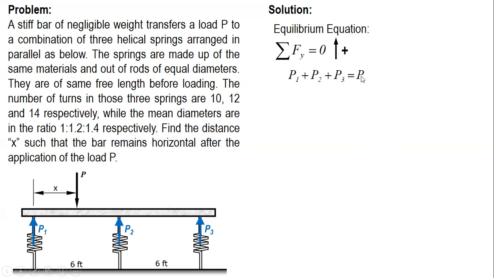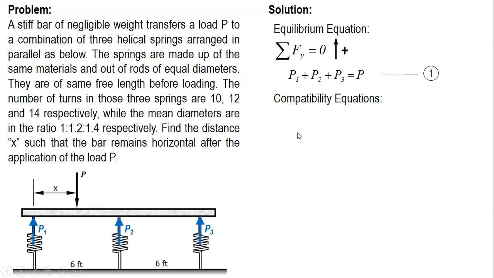And we have this one. The other one is summation of moment. But the last one, we'll use summation of moment when we solve for x. Okay. So after this compatibility equation, this will be our equation number 1.